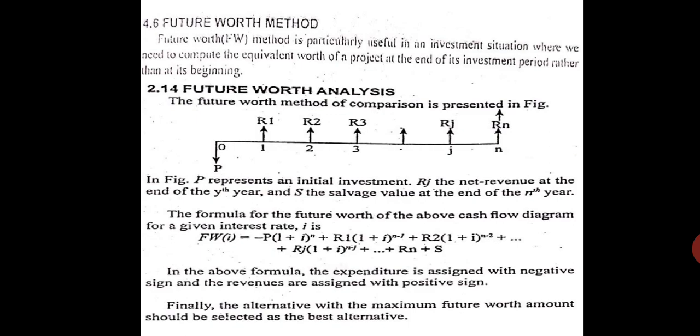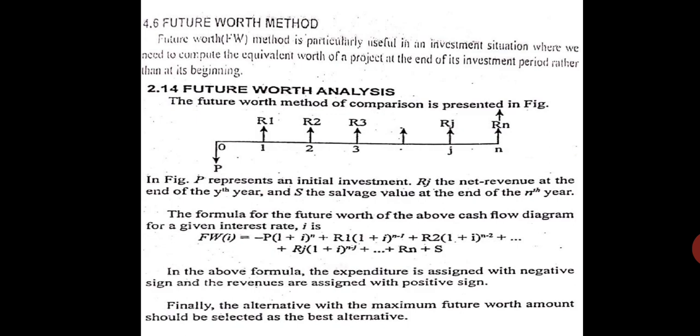So the formula for the future worth in the above cash flow diagram with the interest rate i is given as: future worth at the interest rate i is minus P, because P is the investment, so now it becomes minus P(1 plus i) raised to n, plus R1(1 plus i) raised to n minus 1. Similarly it continues, and lastly you get Rj(1 plus i) raised to n minus j, plus Rn plus S.